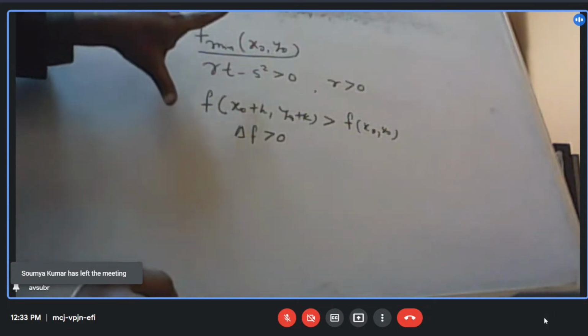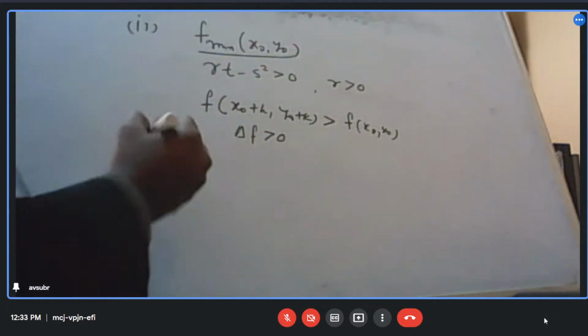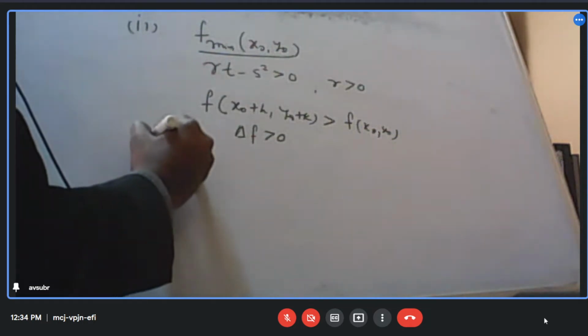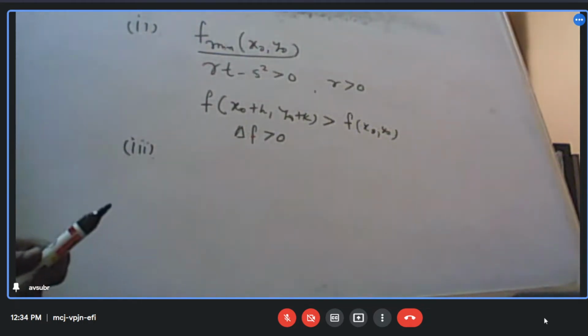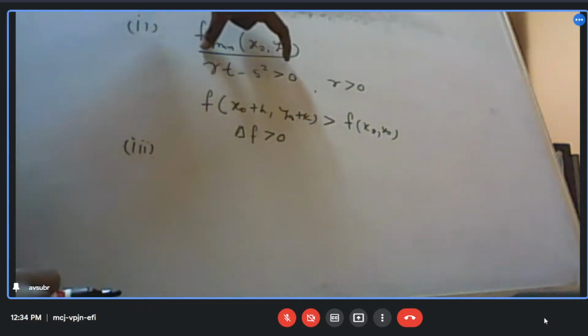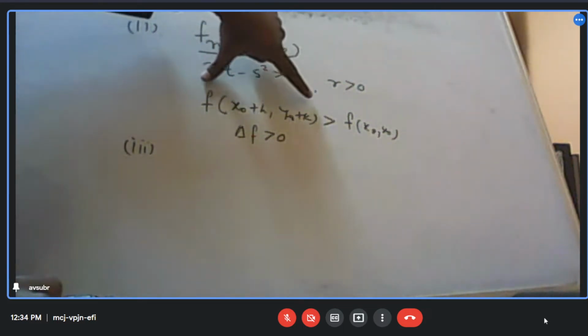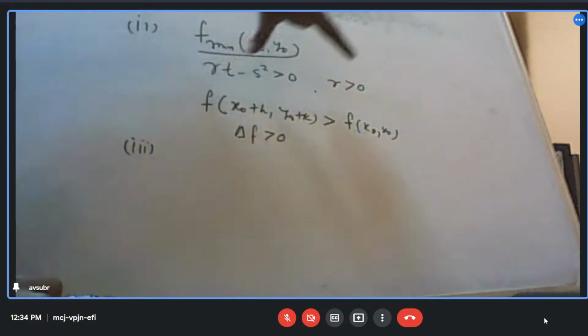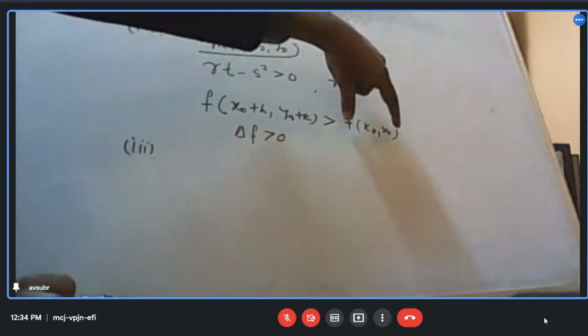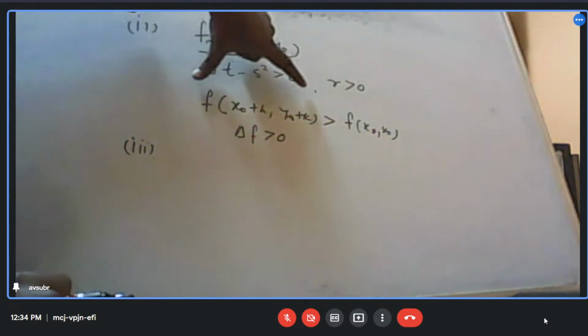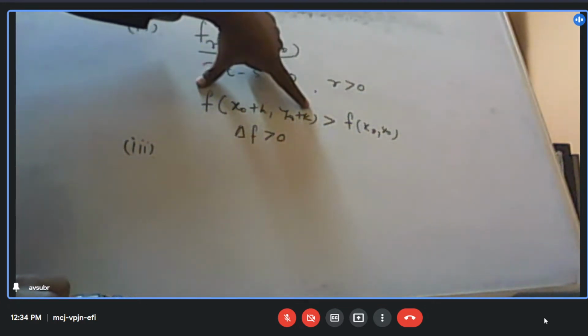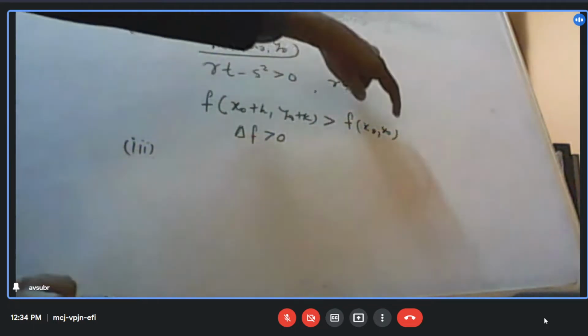So this is the condition when you have minimum. If this condition is satisfied, rt minus s square greater than 0, and r is also greater than 0, that means the points surrounding this point, which is under consideration, all these neighboring points will have higher values as compared to this one.